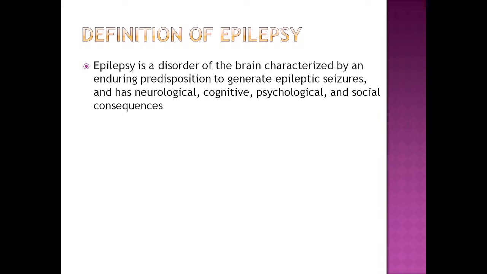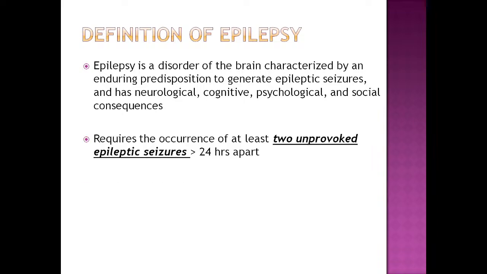So epilepsy, if you want to expand the definition, is a disorder of the brain which is characterized by an enduring or persisting predisposition to generate epileptic seizures, and it has consequences which may be neurological, cognitive, psychological and social. So that's the broad or complete definition of epilepsy.